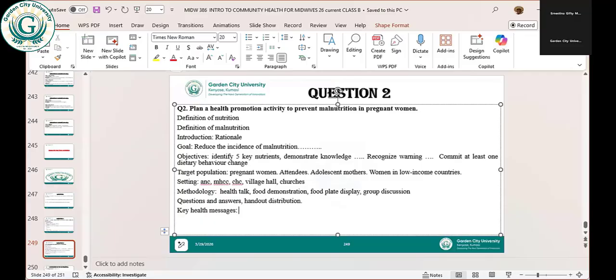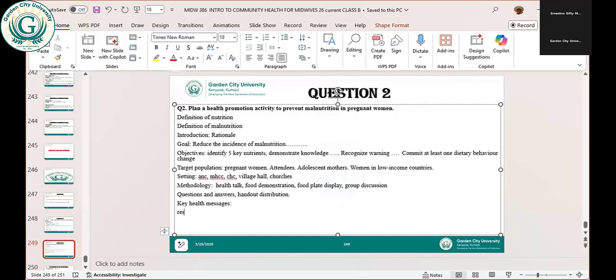We went on to the resources, where we talked of flip charts, food samples, and cooking utensils for demonstrations.